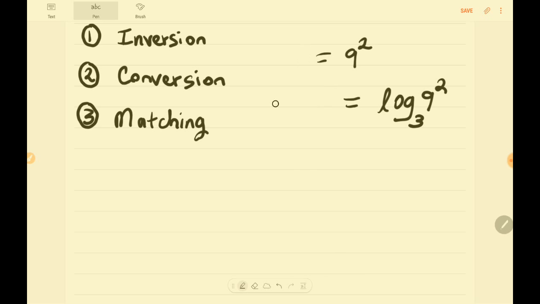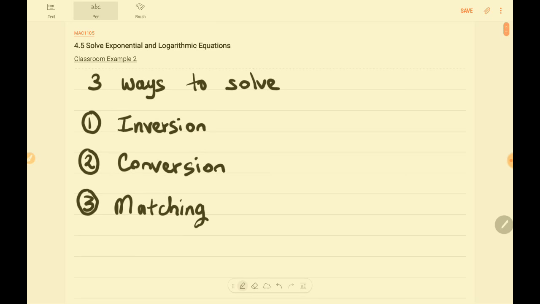Some problems lend themselves to inversion, and some problems will be better with conversion. So let's say I have something like 2 to the x plus 1 equals 3. Then I could rewrite this in logarithmic form. I could say log base 2 of 3 is equal to x plus 1.